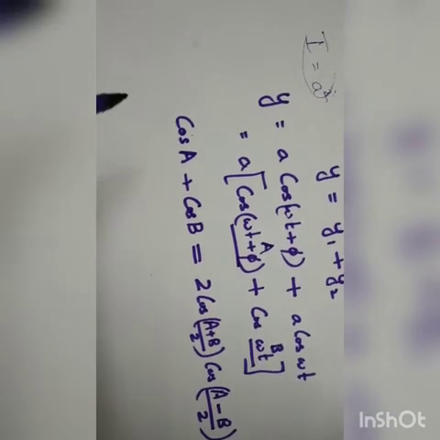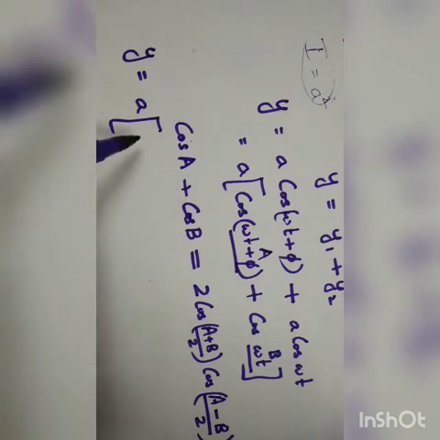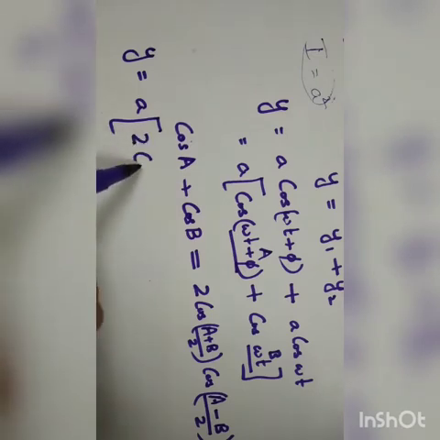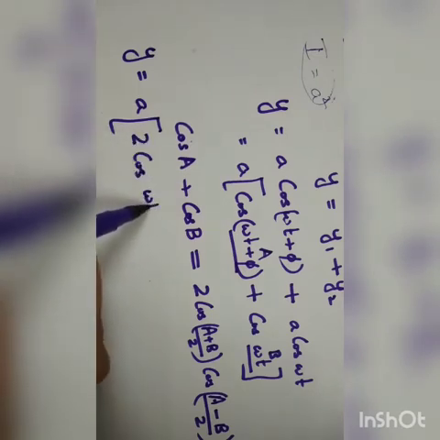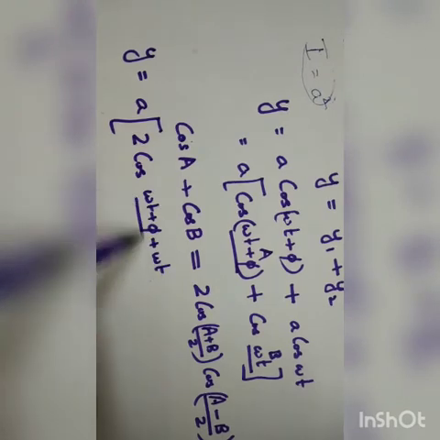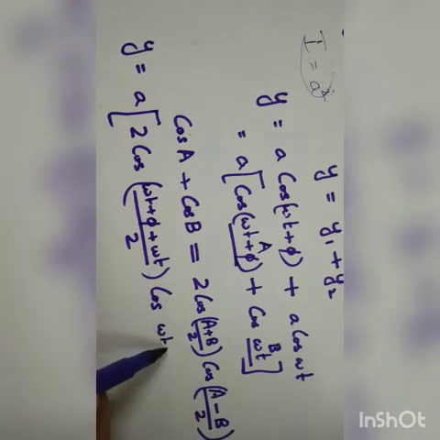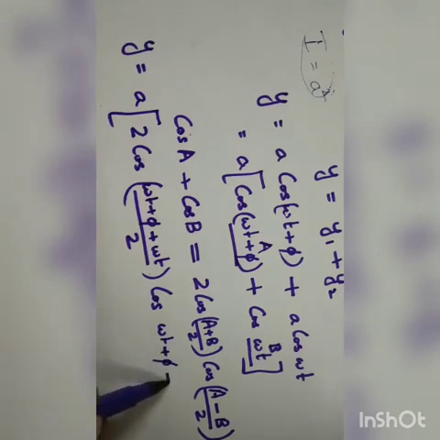So what happens to y? Y equals, this is outside. Inside the bracket you will get 2 cos A is omega t plus 5 plus B is omega t by 2, cos A minus B, omega t plus 5 minus omega t by 2.